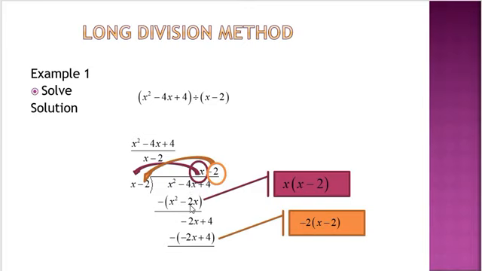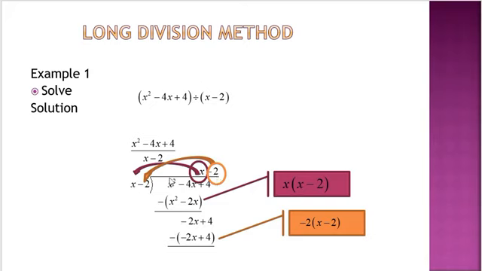Negative 4x minus negative 2x is actually negative 4x plus 2x, so it turns into negative 2x. And the remainder over here, we're going to drag it down.